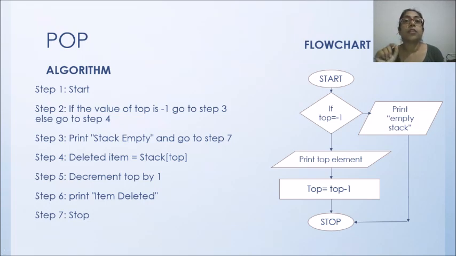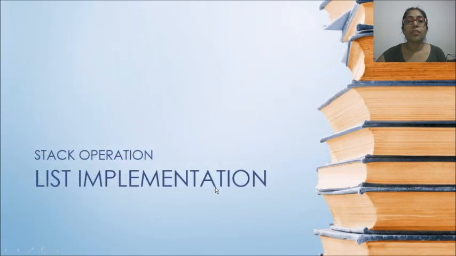If there is no element in the stack, then you must display a message that your stack is empty. Otherwise you simply delete the topmost item from the stack and decrement your top pointer by 1. This is the corresponding flowchart for this algorithm. Now list implementation of stack in Python.